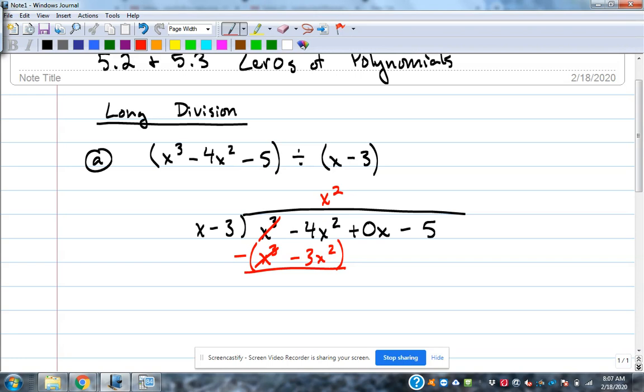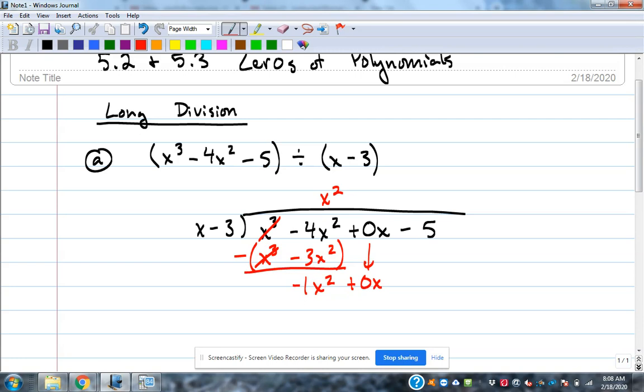And then we're doing negative 4x squared minus negative 3x squared. So that's a double negative there. So that's negative 4 plus 3, which would be negative 1x squared. And I'm going to bring down the 0x. I'm bringing down just that term because what I'm dividing by only has 2 terms.